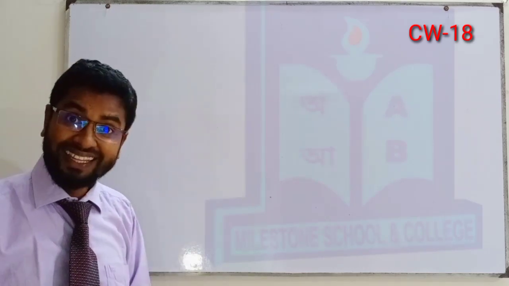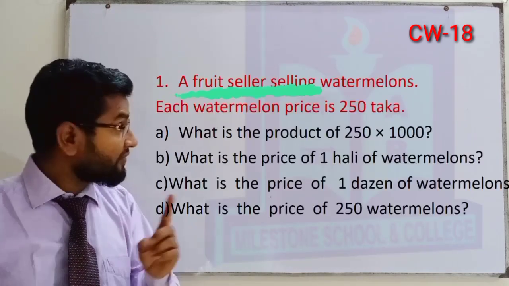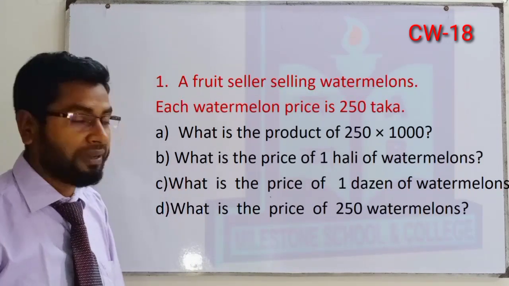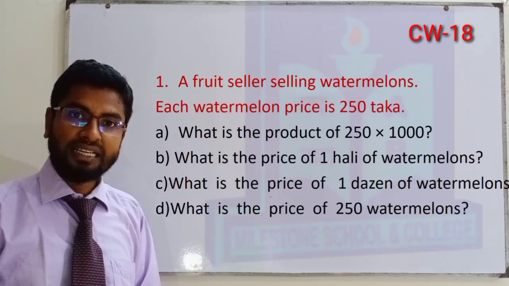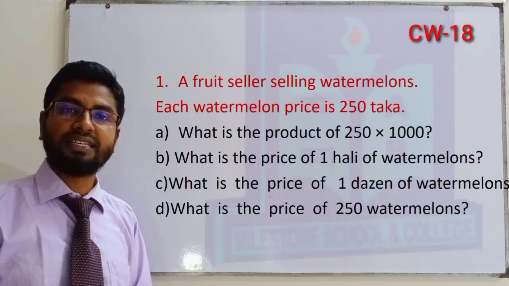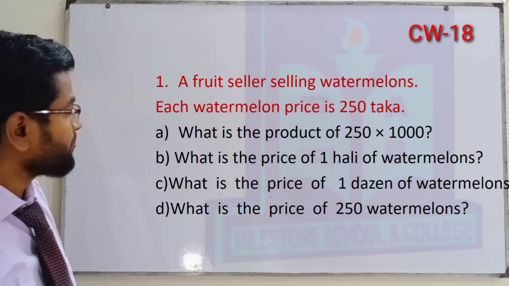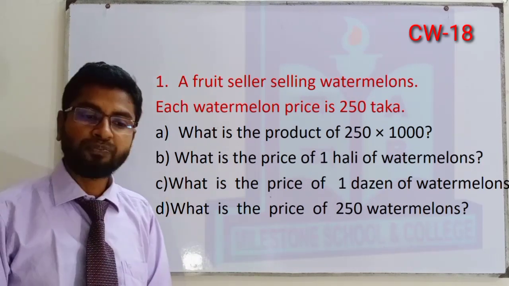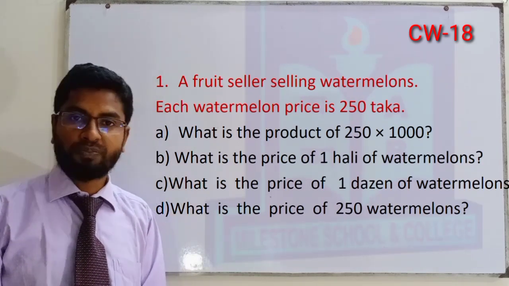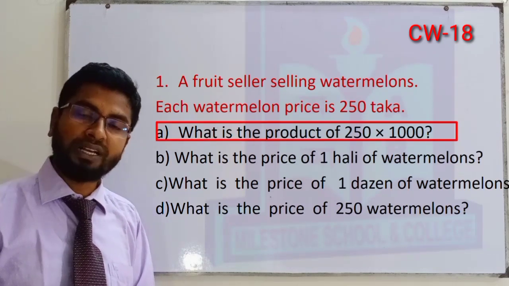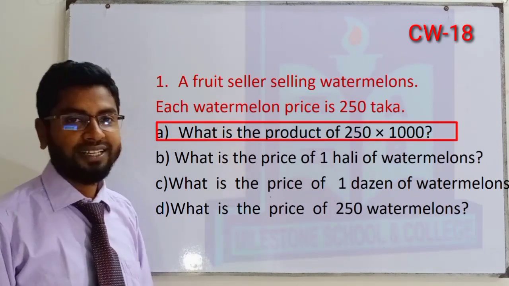Creative math 1. See, a fruit seller selling watermelons. Each watermelon price is 250 taka. This is the stem. Now first question, what is the product of 250 multiply 1000?